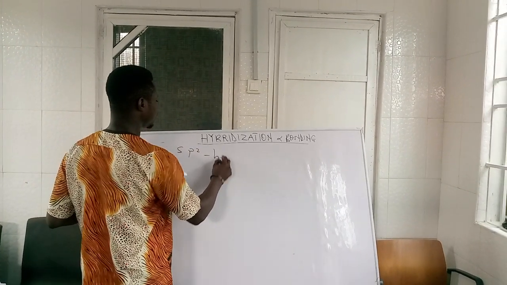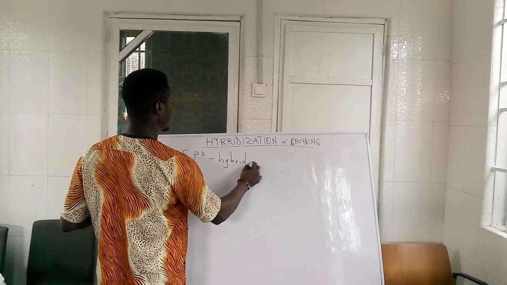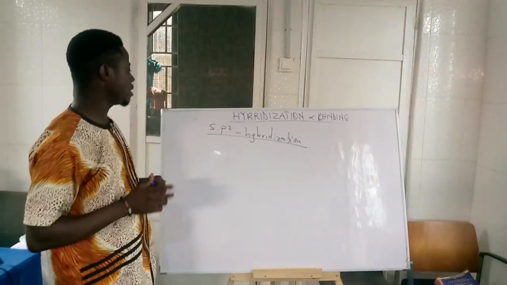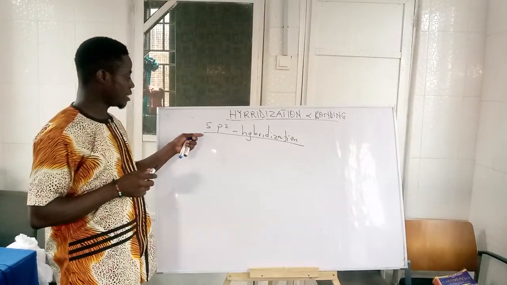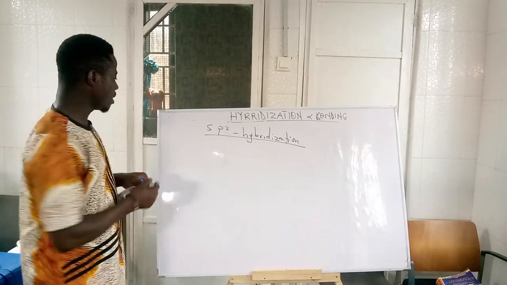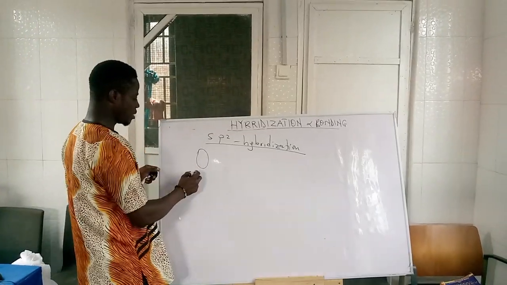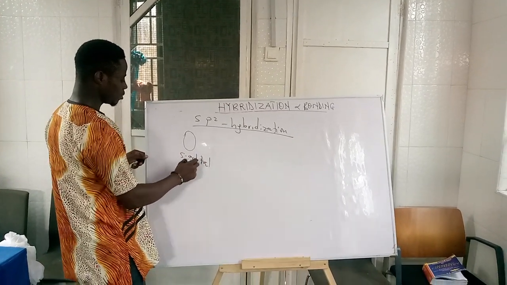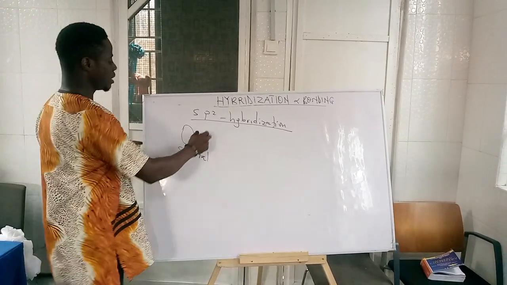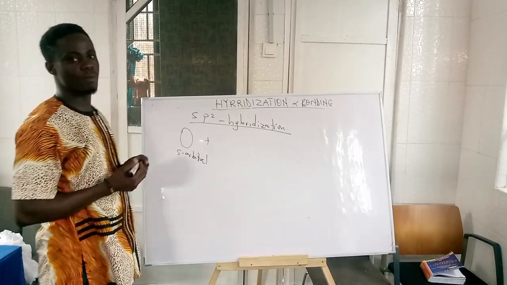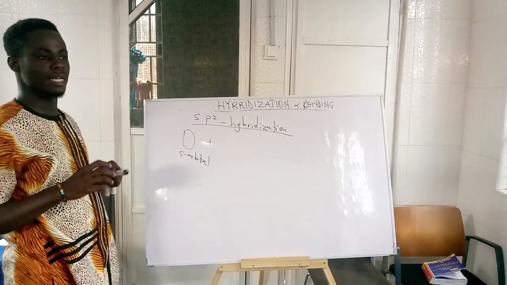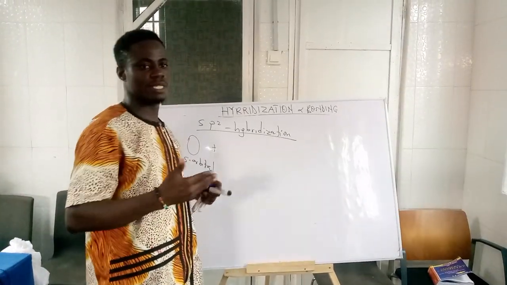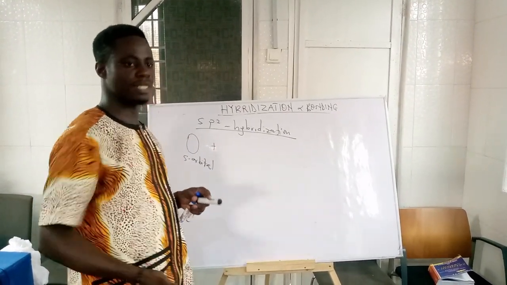Now let's look at sp2 hybridization. This is also a type of hybridization formed as a result of mixing an s orbital with two p orbitals. Already we stated that the p orbital itself is degenerate, so there are three subdivisions: px, py, and pz.